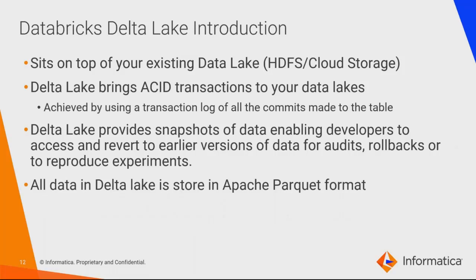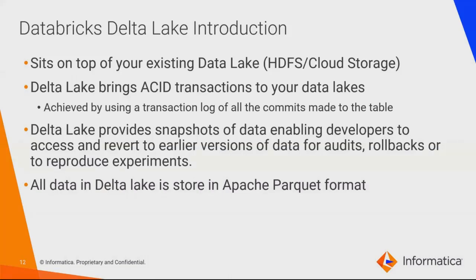Now, what is the main advantage of the Delta Lake? The Delta Lake is giving you ACID transactions on your data lakes. So you can go and update data, you can cleanse data, and you will be keeping history of all of your data lake. So you can roll back to previous versions of your data, you can get back to a previous snapshot of your data, and the way that is being done is that any changes on the data in your Delta Lake are being written to a transaction log.